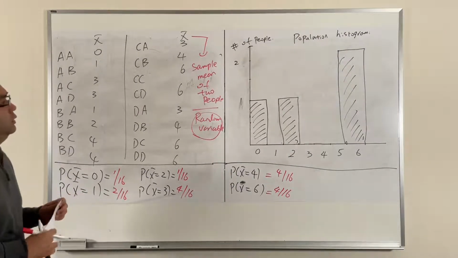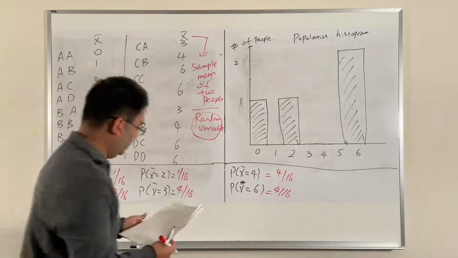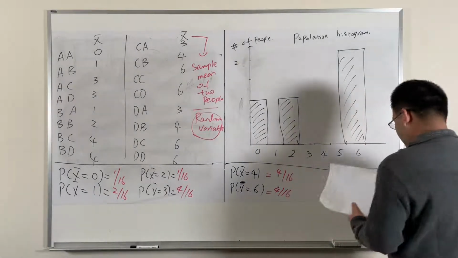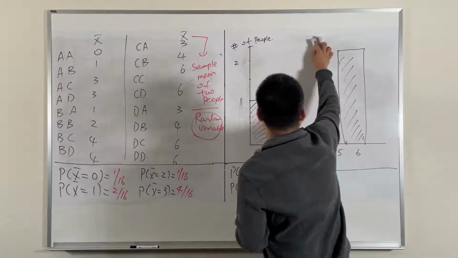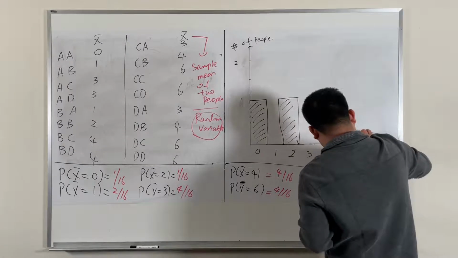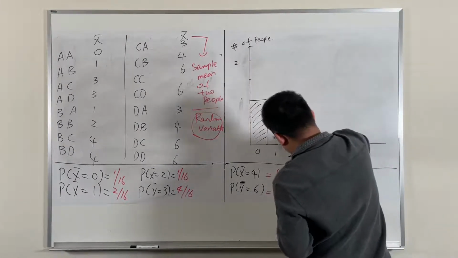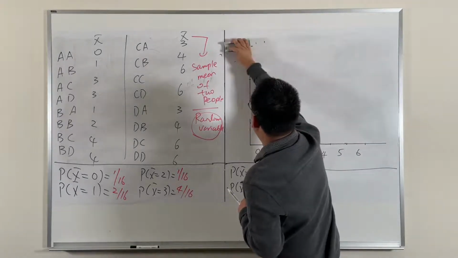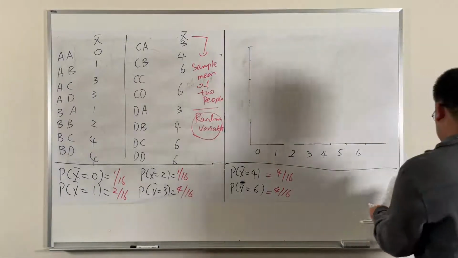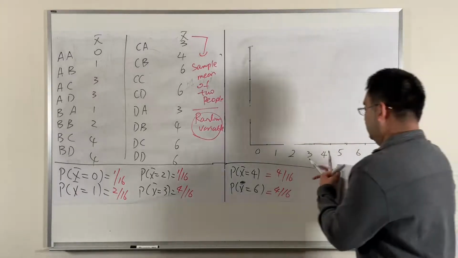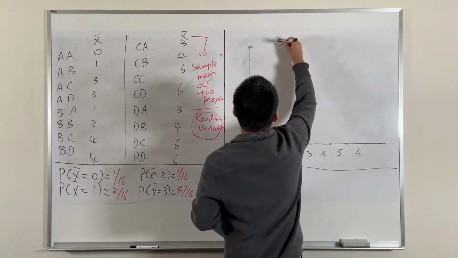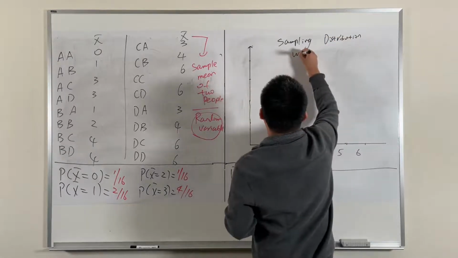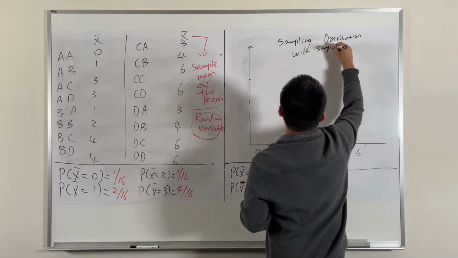Now I want to talk about the concept of a sampling distribution. I'm going to do it using this histogram here. This is our sampling distribution with sampling 2 people.